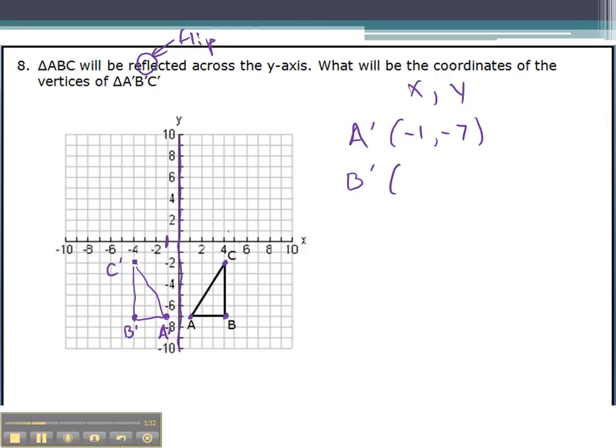B prime is at -4x, -7y. And C prime is at -4x, -2y, -4, -2. Start at the origin, 4 to the left, that's -4 in x, 2 down, that's -2 in y. And that's the answer.